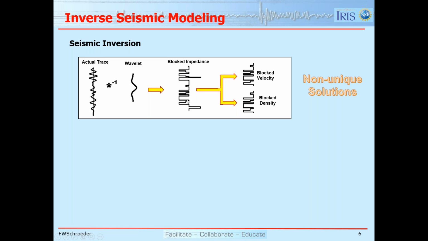What sort of impedance structure, series of reflection coefficients, could have generated the actual trace. And we can take that one step further and try to break it into a blocked velocity log and a blocked density log. And whenever we do inverse modeling, the solutions are non-unique. There's more than one way to generate this seismic trace.